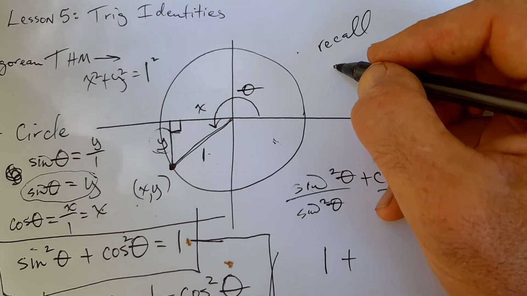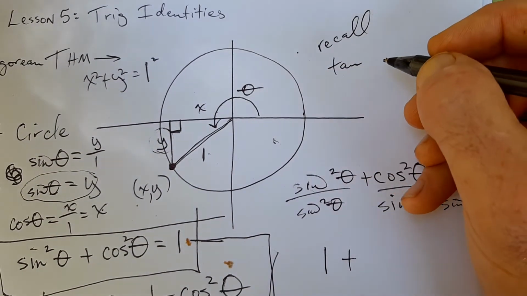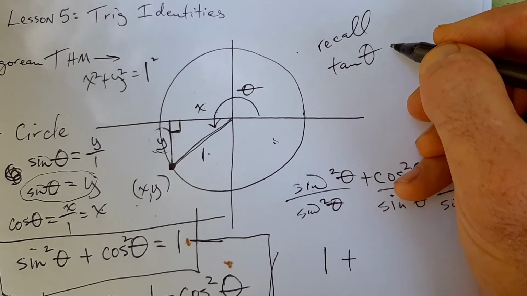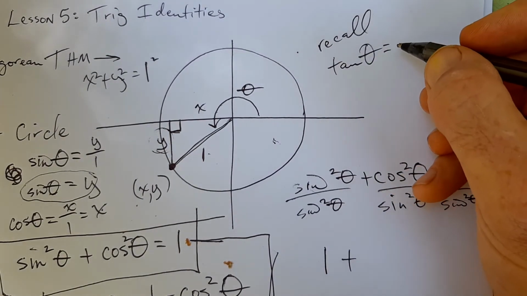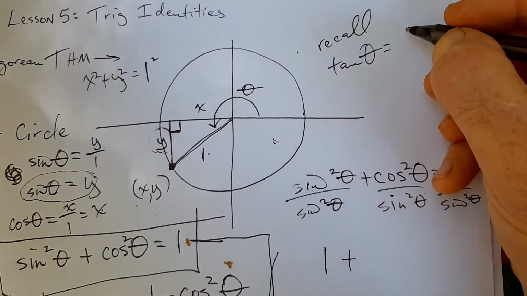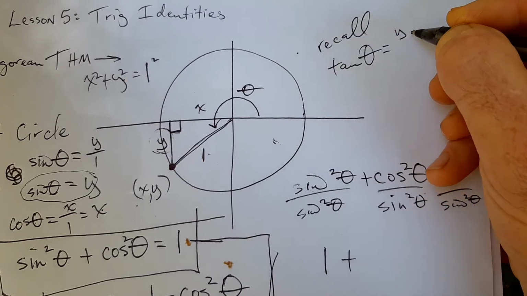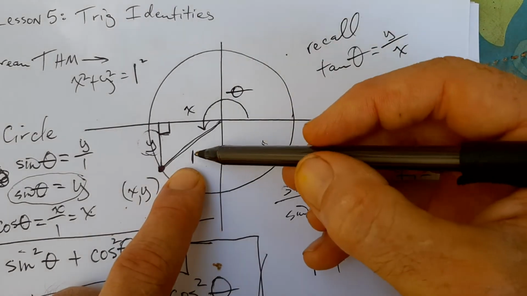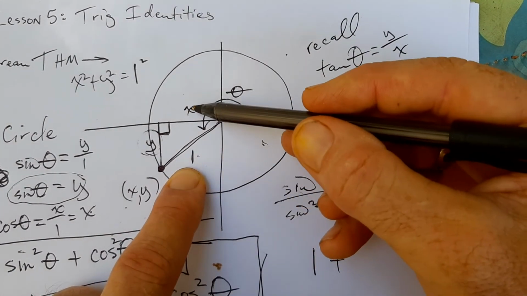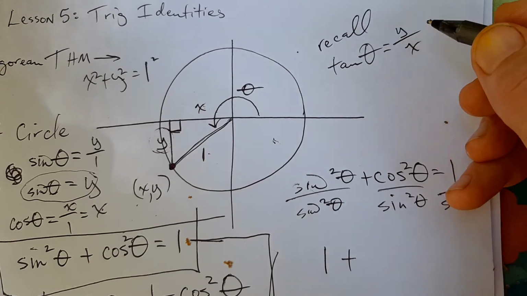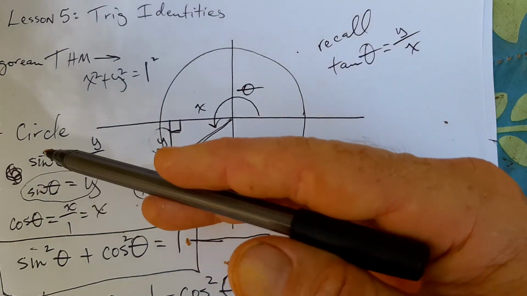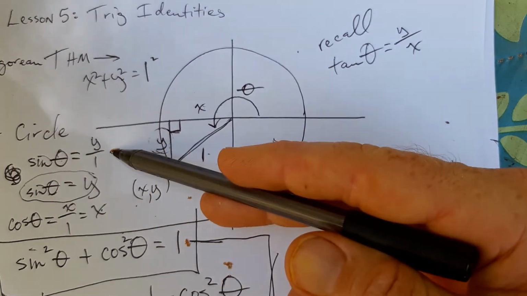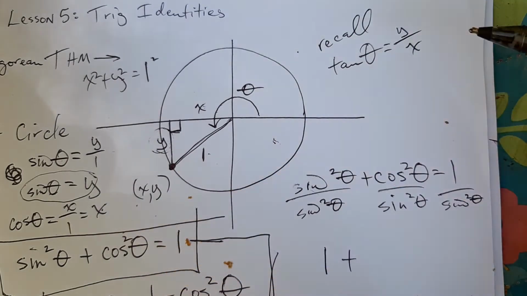tangent of theta equals y over x, right? From this same triangle over here, opposite over adjacent. Sine theta is y and cosine theta is x. So there's another one.